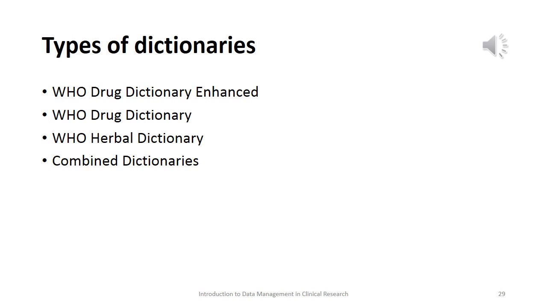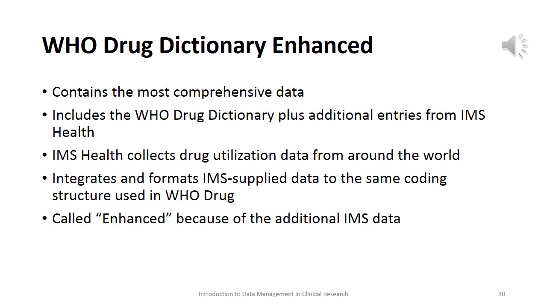The different types of dictionaries include the World Health Organization Drug Dictionary Enhanced. We also have the Basic Drug Dictionary, the Herbal Dictionary, and then we can also have combined dictionaries. We'll go over those in just a moment. So let's look at the World Health Organization Drug Dictionary Enhanced. It contains the most comprehensive data on drugs and medications from around the world.